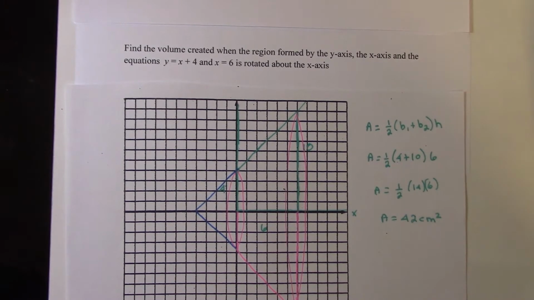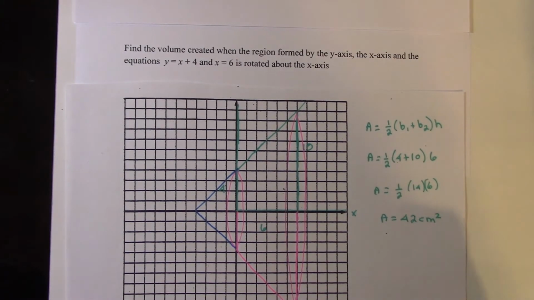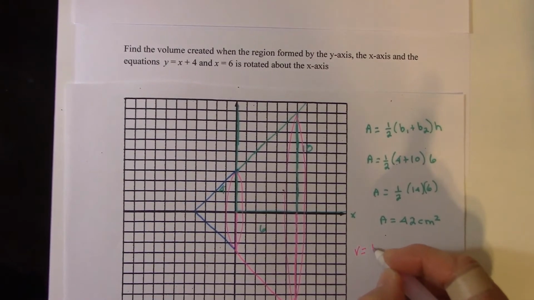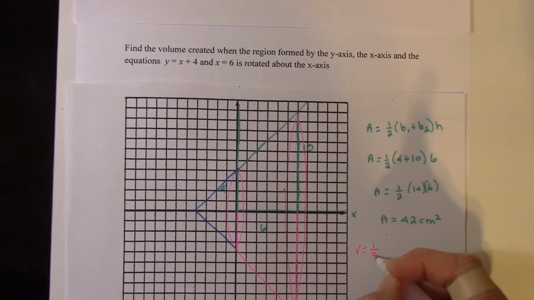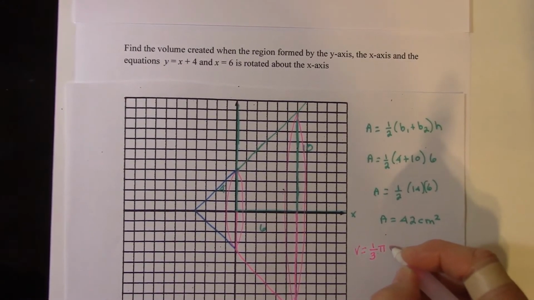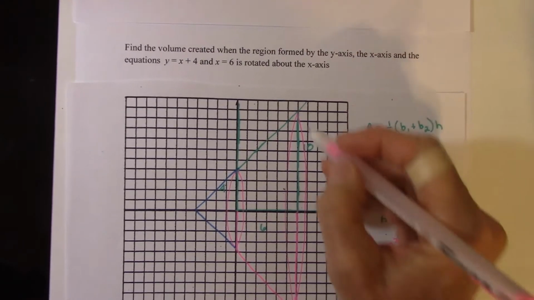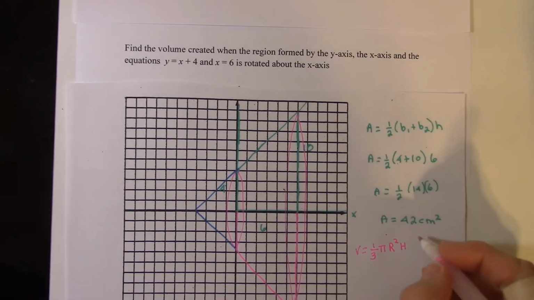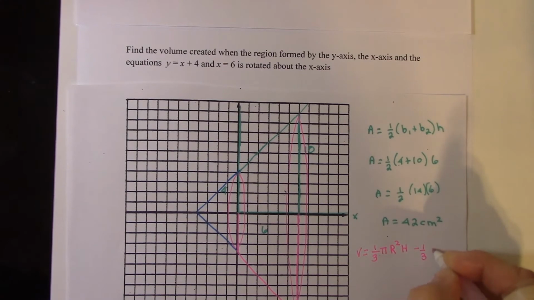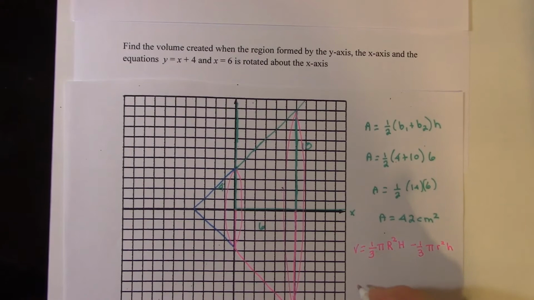So the way that I'm going to find the volume is, my volume is, for the cone, 1/3 pi times, in this case, I'm going to call it with a capital R squared, capital H, which is the whole cone, minus the little top, little r squared, little h.